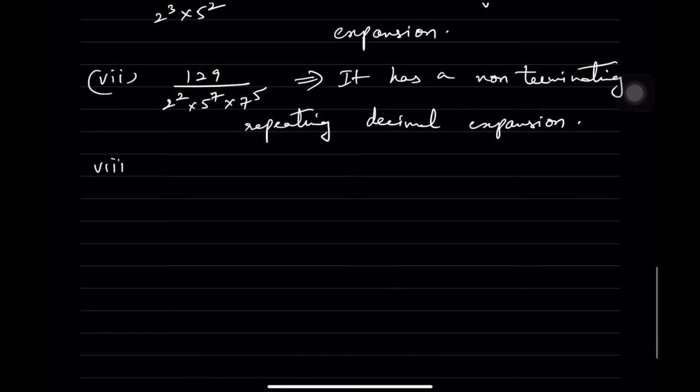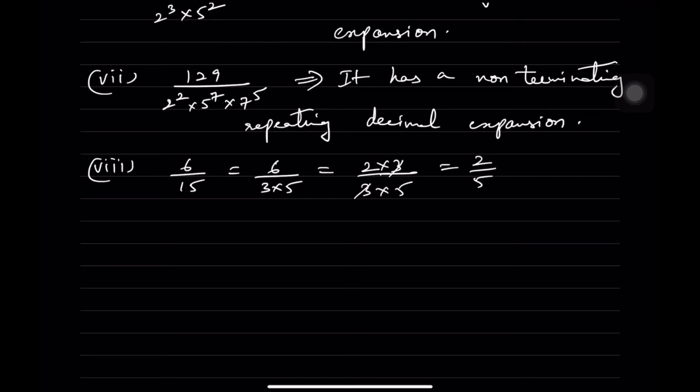Next, eighth. 6 by 15 is equal to 6 by 3 into 5, which is written as, you can write the numerator as 2 into 3 by 3 into 5. So 3 will get cancelled. So it is written as 2 by 5. Since the new denominator is a multiple of 5, it can be multiplied with 2 in the numerator and denominator.